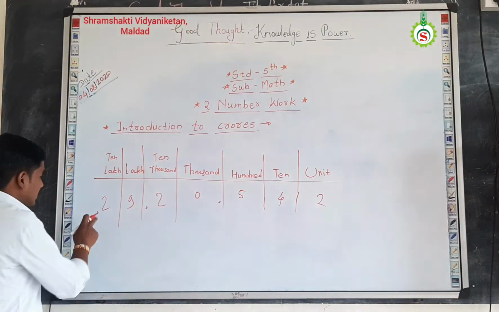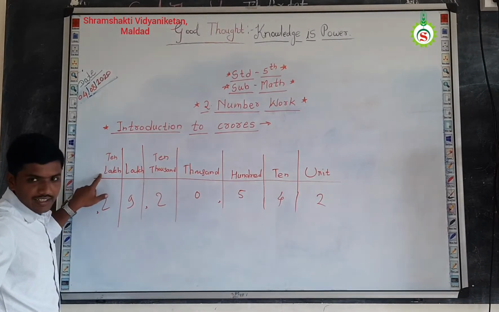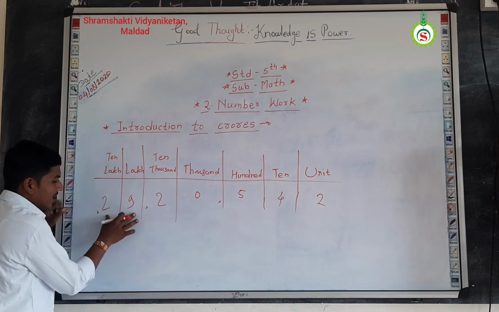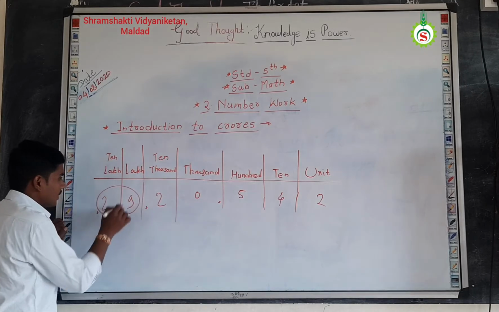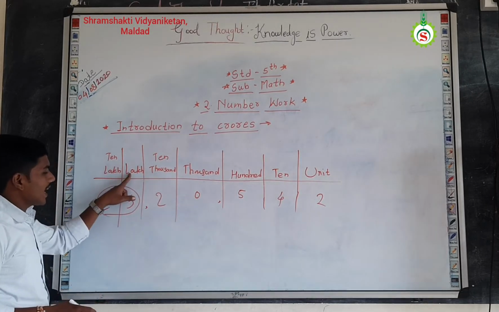I see that 2 is present at the place of ten lakh, so I will consider the numbers 2 and 9 combined. 2 and 9 is 29, so at the place of lakh there will be 29. So 29 lakh.